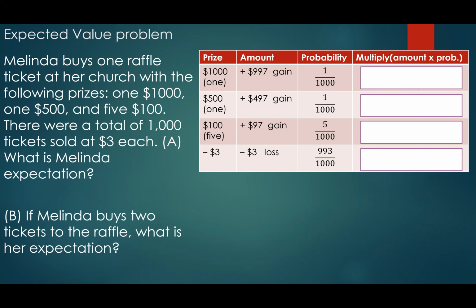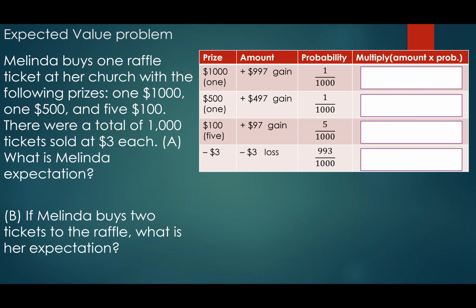But there are 1,000 tickets in total, so the number of losers is 993, because 1,000 minus 7 winners is 993. So 1 plus 1 plus 5 plus 993 has to equal the 1,000 total tickets that we sold.